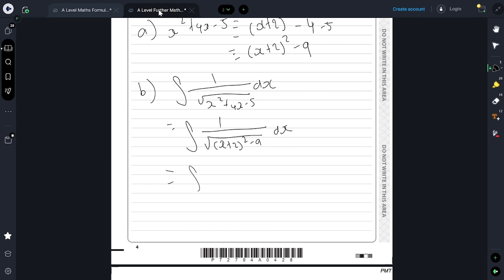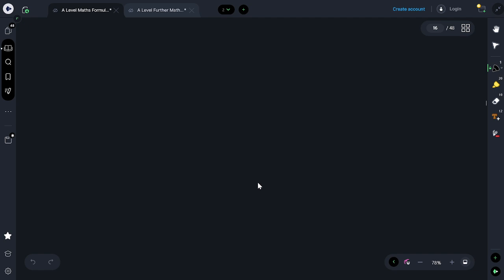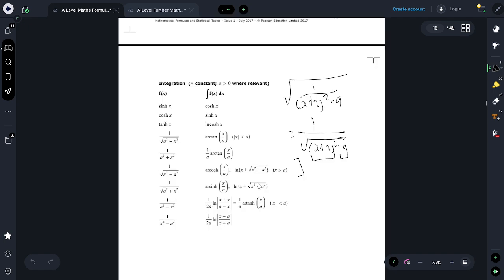Well, that's going to be the integral of, and so you can just replace here x squared with x plus 2.